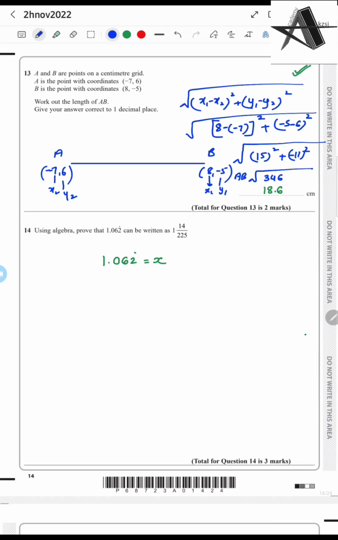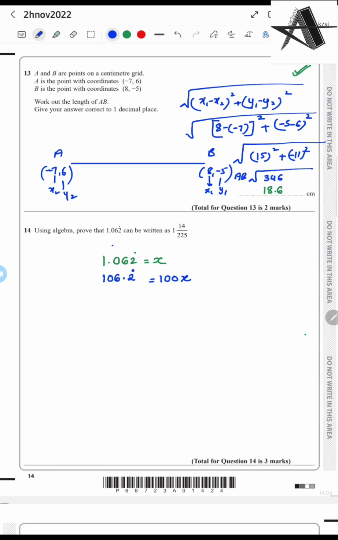And why do we do so? So that we can eliminate the recurring part completely. So what number do I have to multiply so that the point comes just before recurring? That's 100. So I'll multiply x with 100, and I need to multiply this with 100 as well.